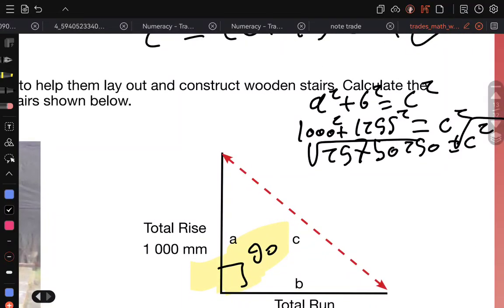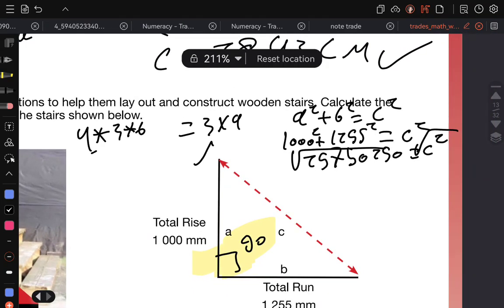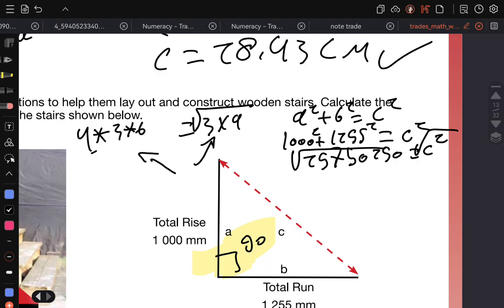Look, if you have, let's say, 3 multiplied by 4, or 4 multiplied by 3 multiplied by 6, anything you put on one side, you need to do on the other side, either left hand side or right hand side. If you put a square here, you put a square here.